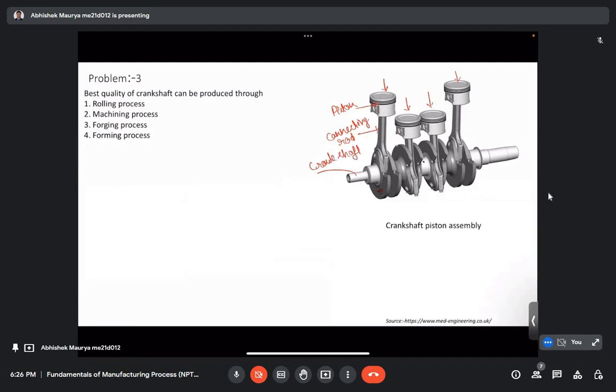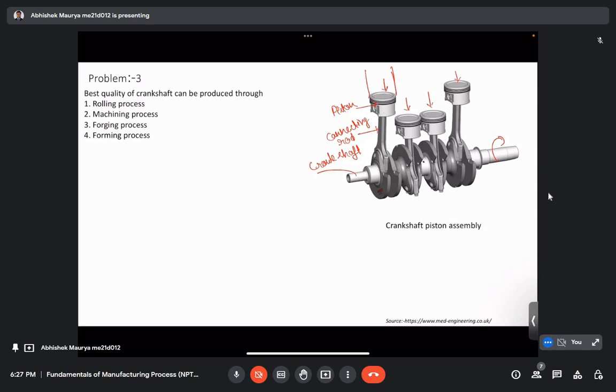So when fuel ignites inside, let's say this is the cylinder, when fuel burns inside the cylinder, then a huge amount of force is generated, and that force is transferred to the connecting rod, and with the help of the connecting rod, that force gets converted into torque for the crankshaft, and because of which we achieve rotary motion inside the IC engines.